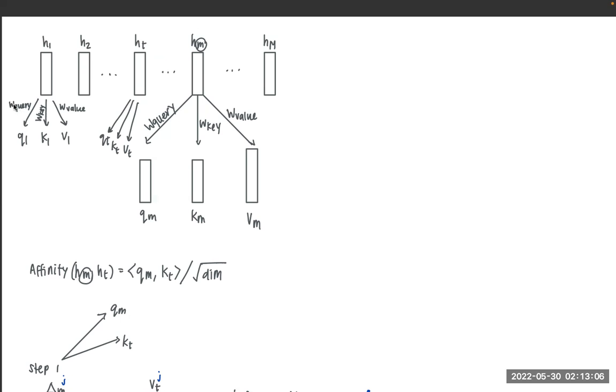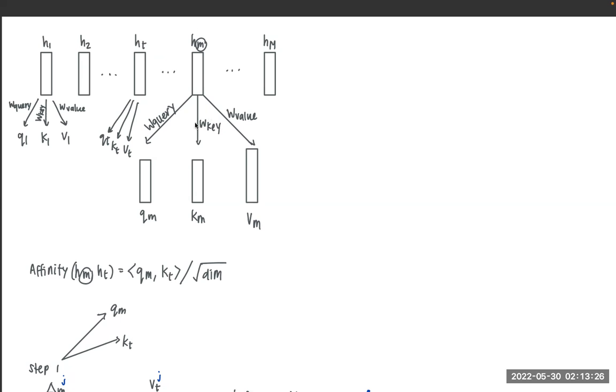You apply the same W query to all the vectors at this layer to extract queries. So you apply the same W query to H1, you get the Q1 vector. And to this HT, you get the QT vector. So they all use the same shared W matrix, similar to a convolutional neural network, right? You share the weight matrix.